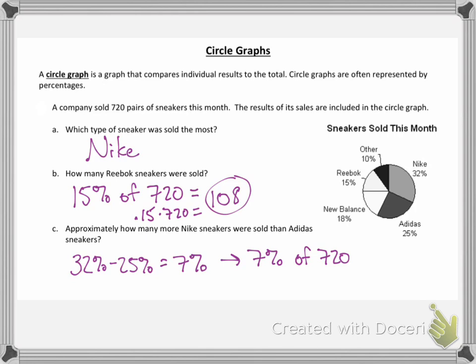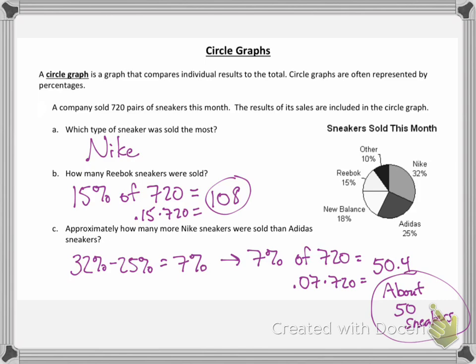Now, when you punch this in your calculator, this is a point where some people screw it up by accident. 7% is 0.07, not 0.7. 0.7 would be 70%, and that's very wrong. So this would spit out an answer of 50.4. Theoretically, you can't sell 50.4 sneakers, so we would do some smart rounding and say about 50 sneakers.